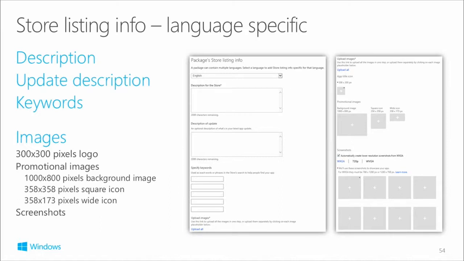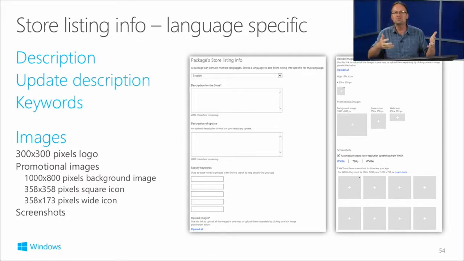Promotional images you submit as well, which go onto the store apps where people are browsing on the web store, or in the store app on the phone, so they see some of these promotional images. If your app is picked as a featured app in the store, then they'll use this big background image that you supply and some of the bigger icons.